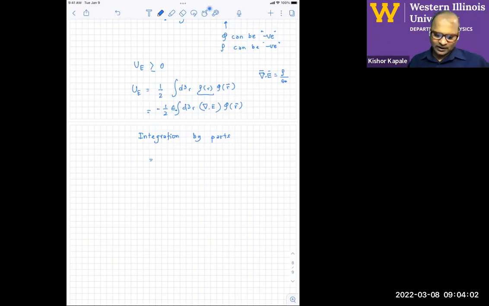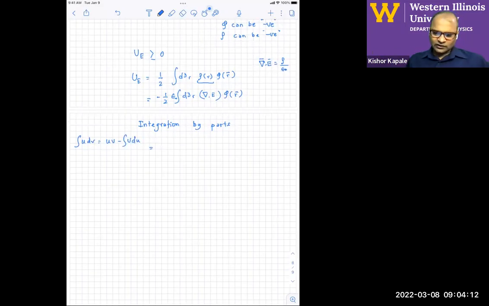You know how integration by parts works. It's integral u dv is equal to uv minus integral v du. Okay, so that's the idea. And then when we do all of that, it turns out we get 1/2 epsilon 0 integral of d cube r.